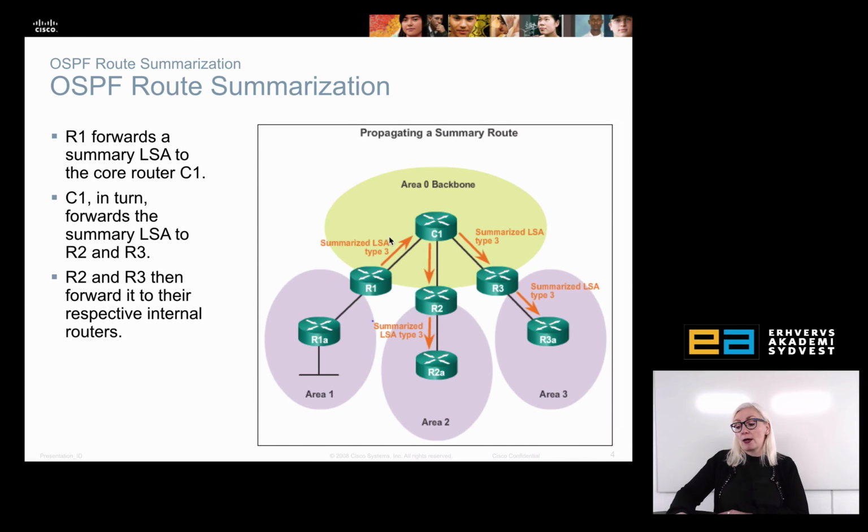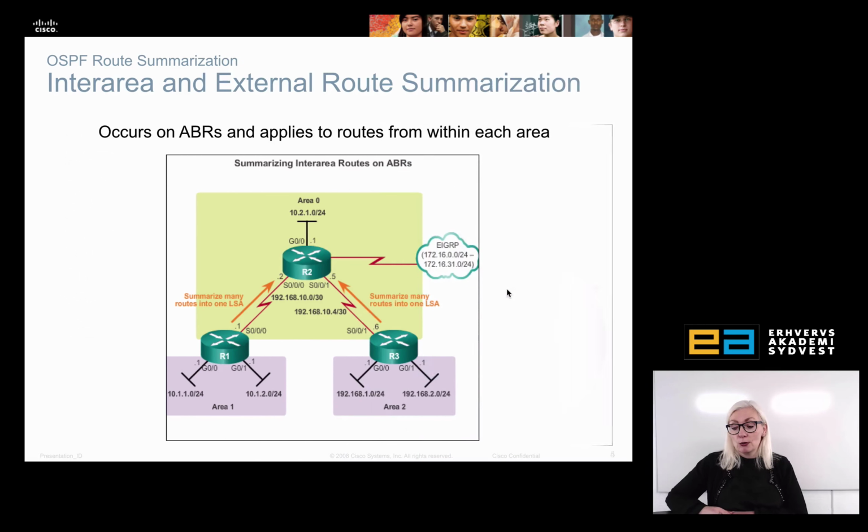So we can summarize the LSAs, send summarized LSAs from a border router to area 0, for instance, and this will be propagated to the different other areas by using the area border routers. So we can summarize, but we have to do it ourselves.